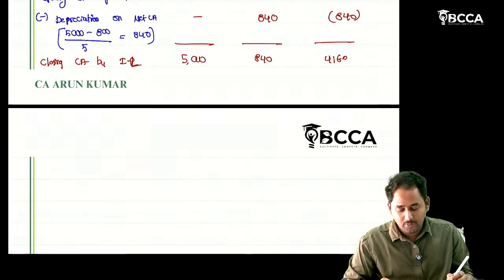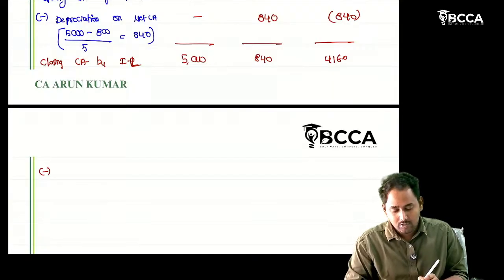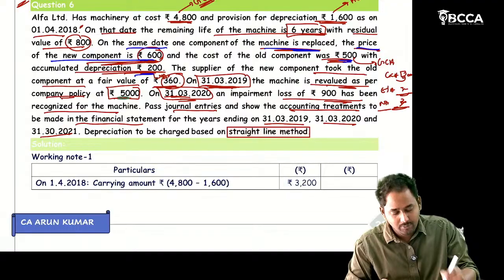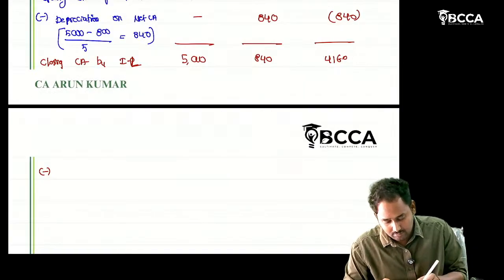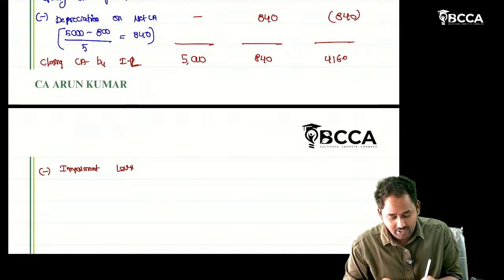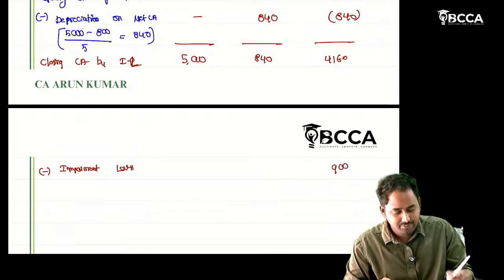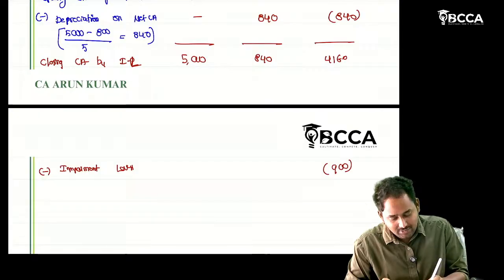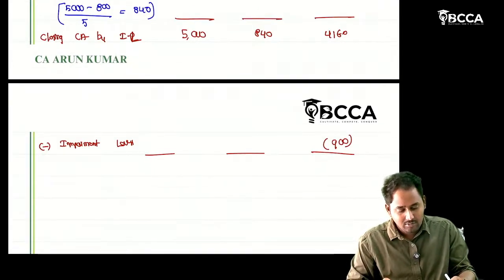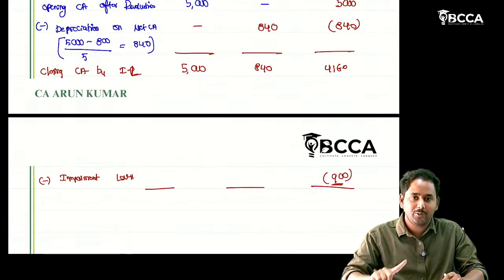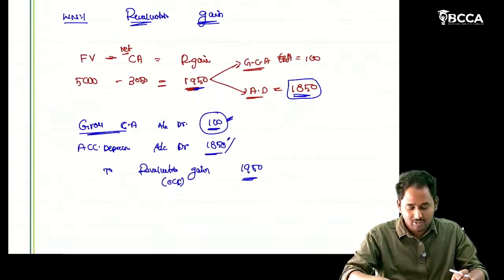Then I should provide the impairment loss, because I am standing on 31st March 2020. So on 31st March 2020, the impairment loss is 900. This 900 should be deducted from the net carrying amount. Then I need to allocate this impairment loss to the gross carrying amount and accumulated depreciation again.